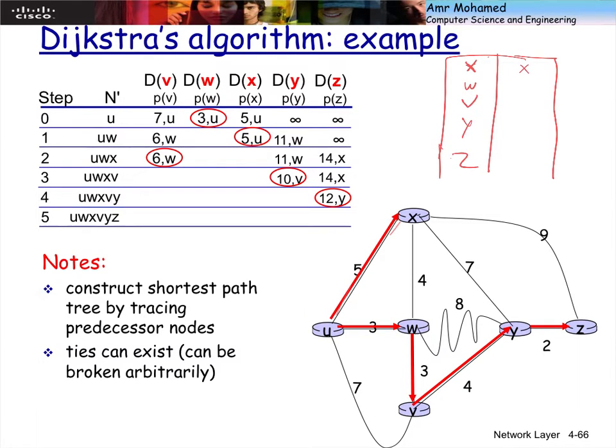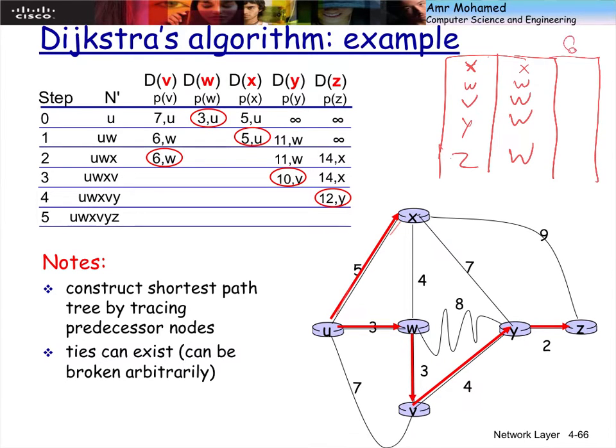It's this edge which will get me to X. If I need to go to W, it's W. If I need to go to V, what's the next hop? From W. Right, so I have to set it to W here. So if I need to go to Y, W. I have to go to W first. If I need to go to Z, I have to go to W first. So this will be the next hop.